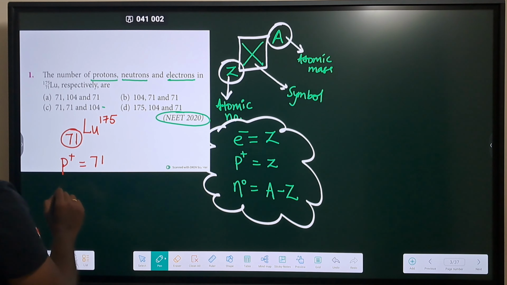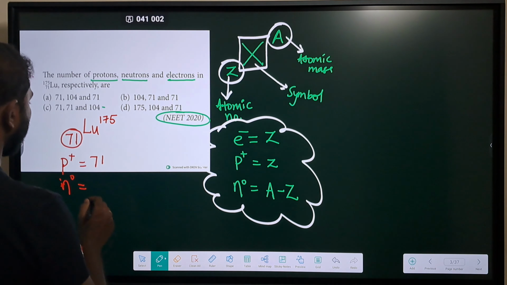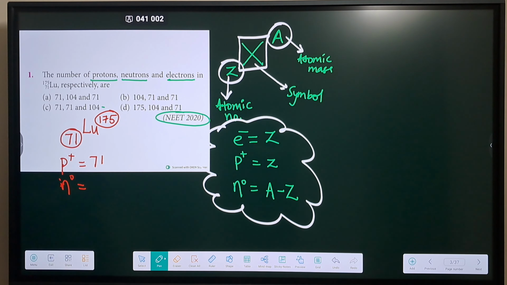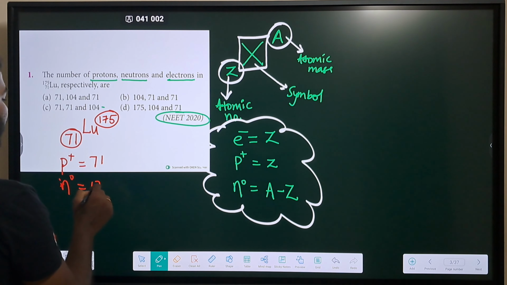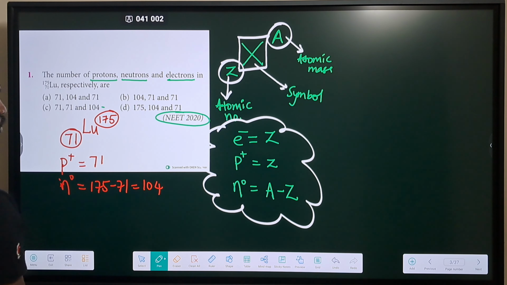After that they have asked for neutrons. Neutrons will be equal to atomic mass minus atomic number, so 175 minus 71, which is 104.